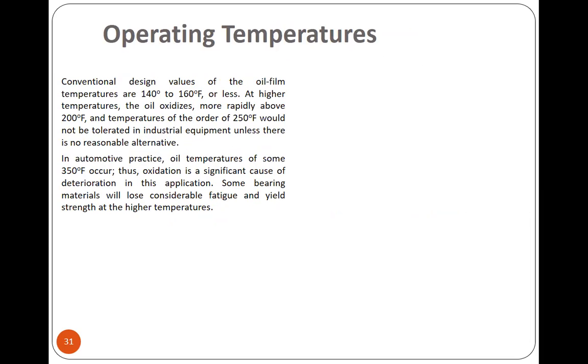The temperatures of the order of 250 Fahrenheit would not be tolerated in industrial equipment unless there is no reasonable alternative. In automotive practice, oil temperatures of some 350 Fahrenheit or more, thus oxidation is a significant cause of deterioration in this application. Some bearing material will lose considerable fatigue and yield strength at higher temperatures.